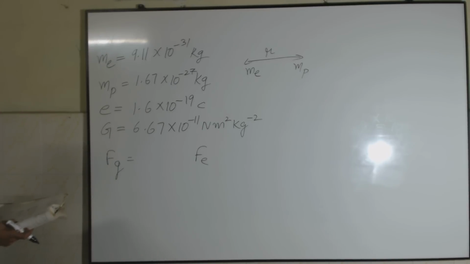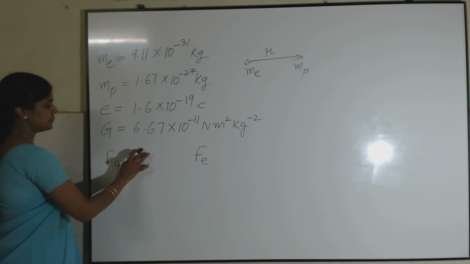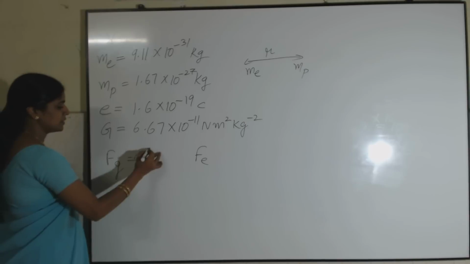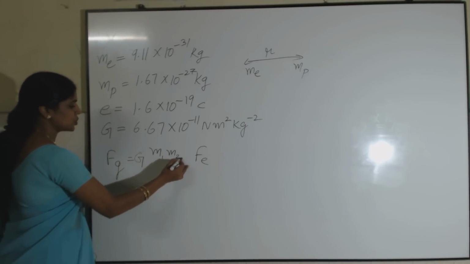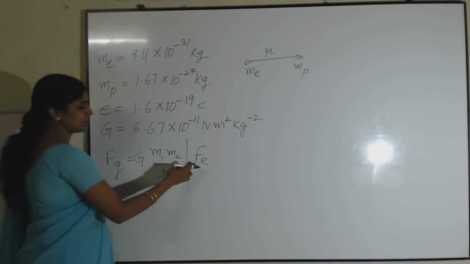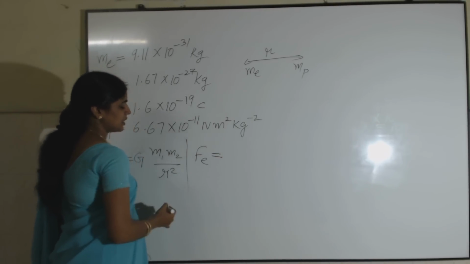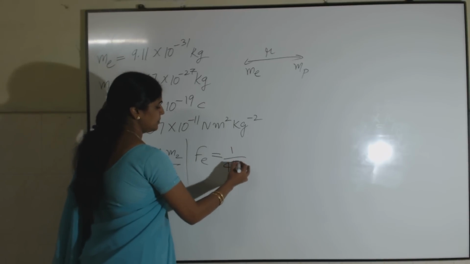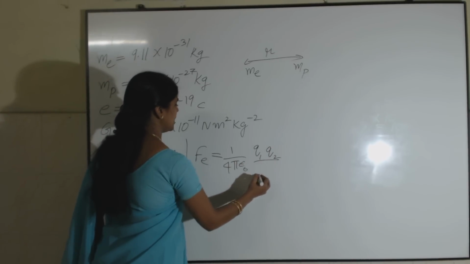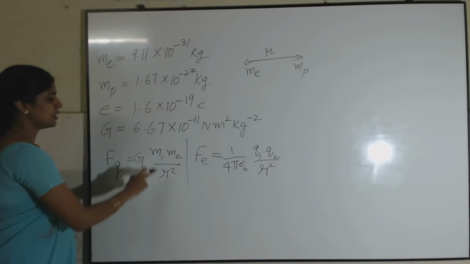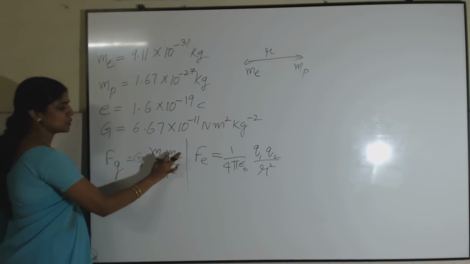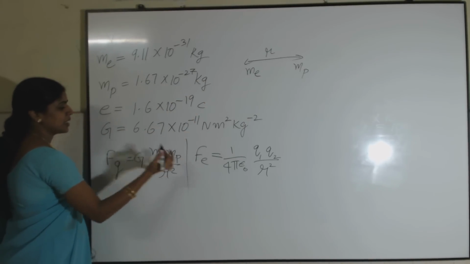The gravitational force formula is Fg equal to G m1 m2 by r square, where G is called the gravitational constant. By Coulomb's law, the electrostatic force is equal to 1 by 4 pi epsilon naught q1 q2 by r square. Here the masses are nothing but the mass of the electron and the mass of the proton, so I can write this simply as me and mp.